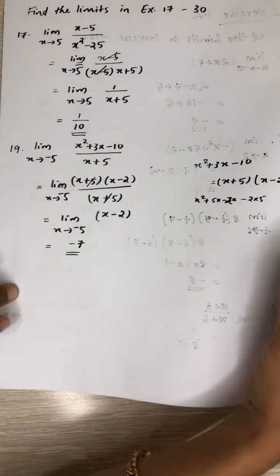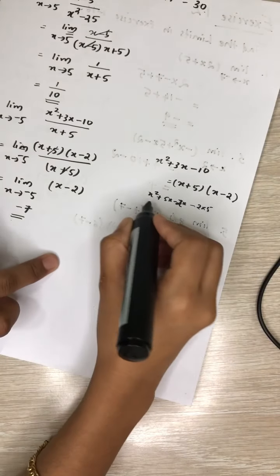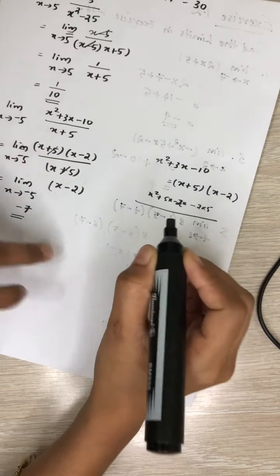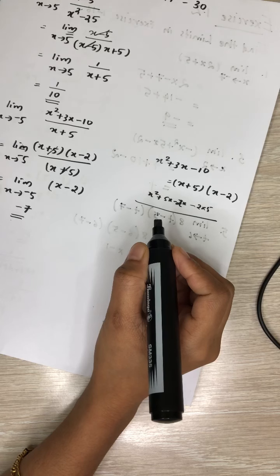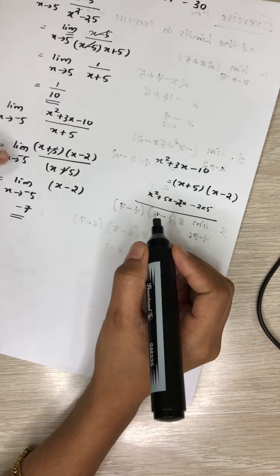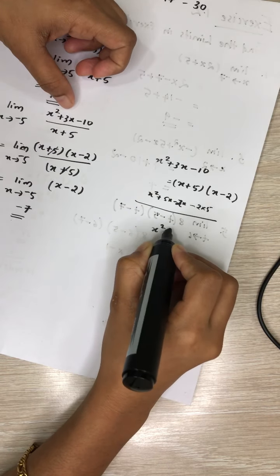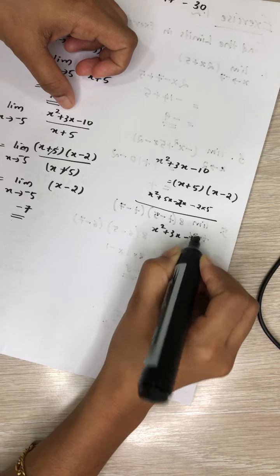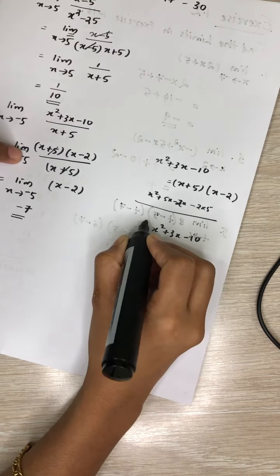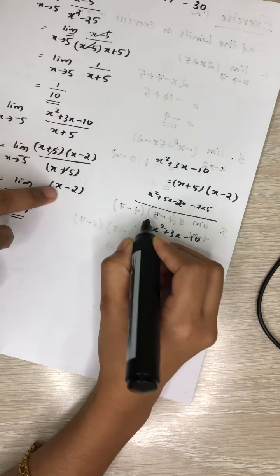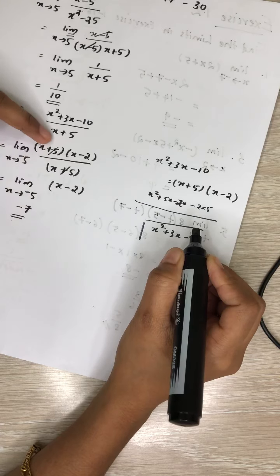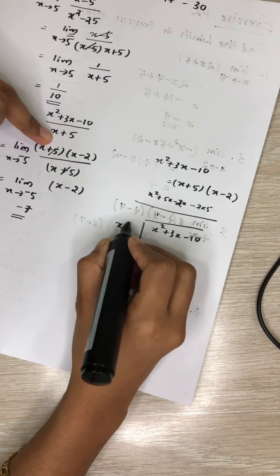If you have any doubt on factorization, I will show another method to factorize. We have to write it in the form x plus 5 into something. So take this x square plus 3x minus 10. One factor we already know, x plus 5.